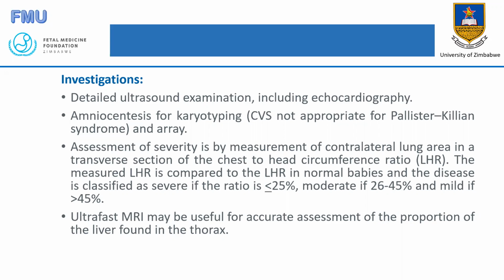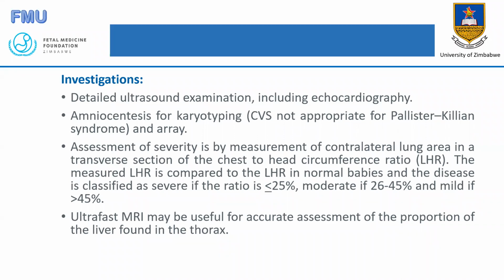CVS is not appropriate for Pallister-Killian. When you do the amniocentesis, besides ordering the conventional karyotyping, we also need to do a chromosome microarray. These days, I think we can go further and maybe do whole exome sequencing as well, to look for many of those other defects.